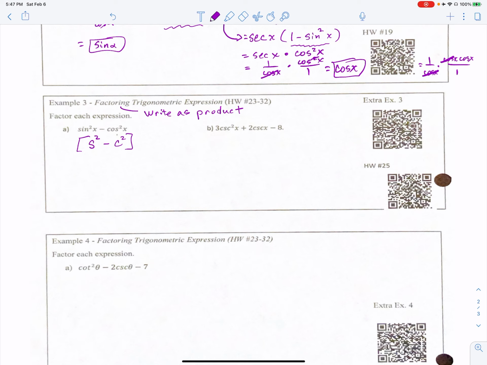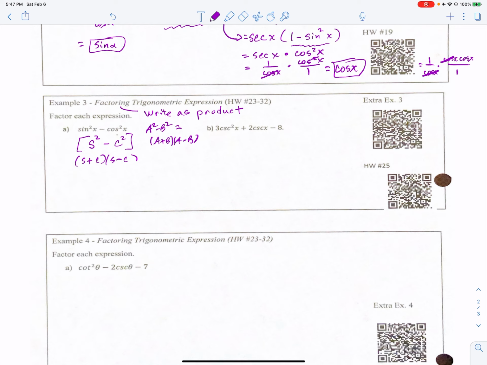We've got a sine squared minus a cosine squared. Well, if you have a squared minus b squared, it's a difference of squares and it factors a plus b, a minus b. That's what we're going to end up doing with the s squared minus c squared. We're going to have an s plus c times an s minus c.